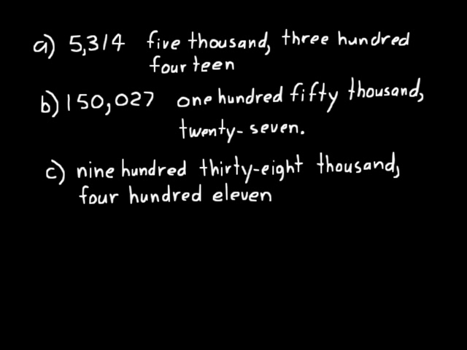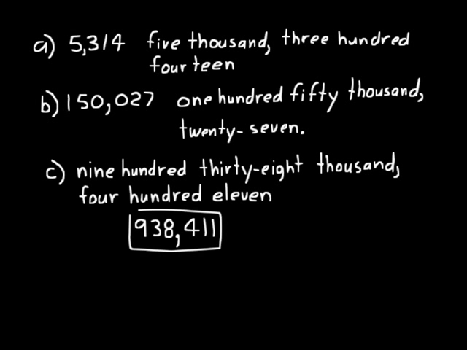You can kind of think of the second 3 as ones, tens, hundreds. So we can write 938, and then since we have that 1,000 on there, that tells us we need a comma there, plus the comma in the statement tells us there's a comma there, and then 411. That would be writing that number using numerals, or digits.